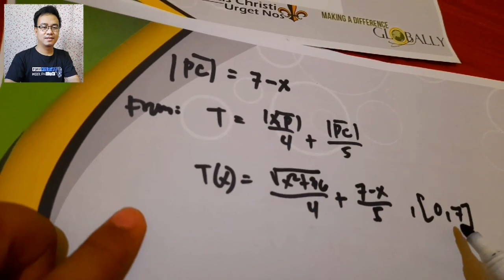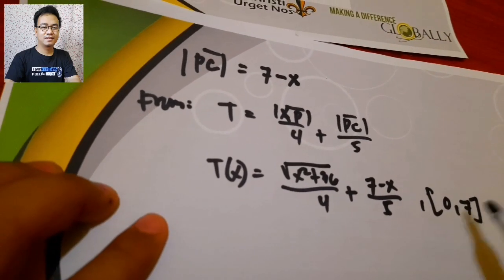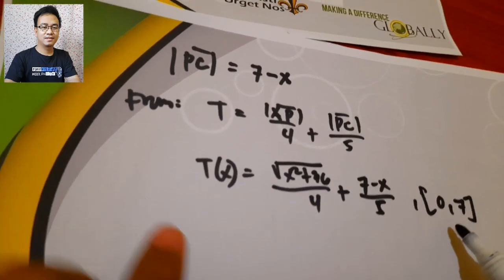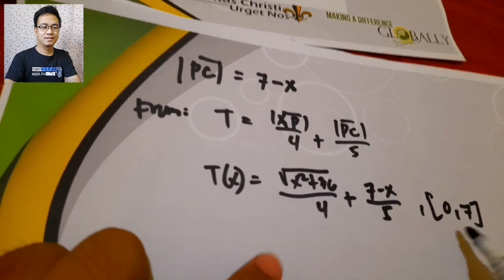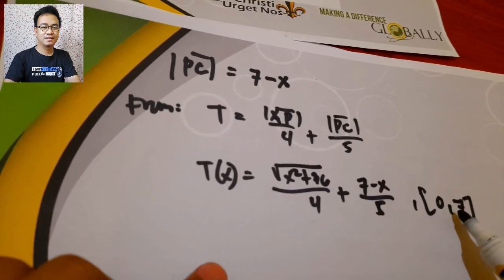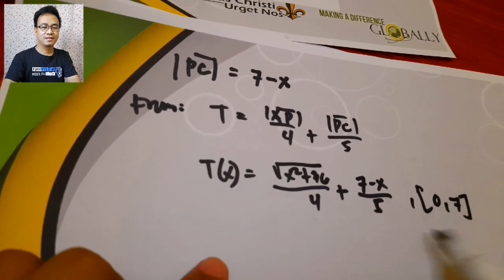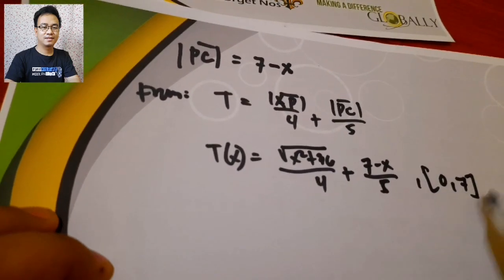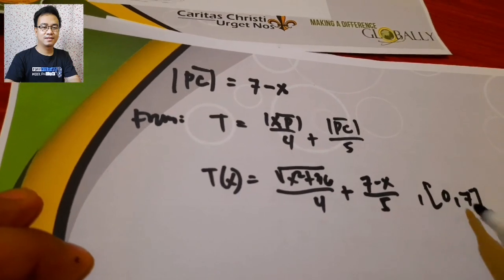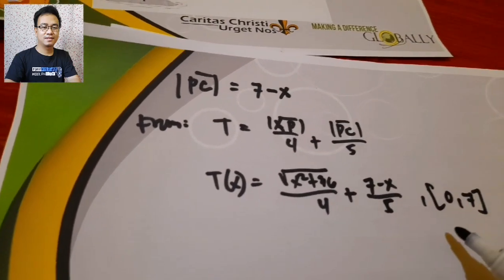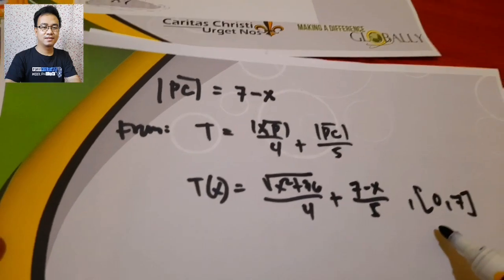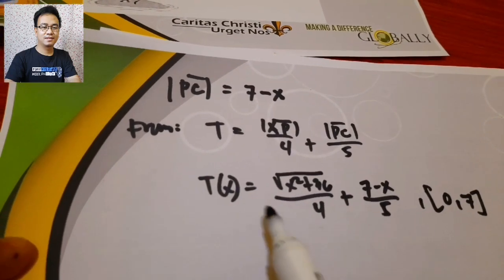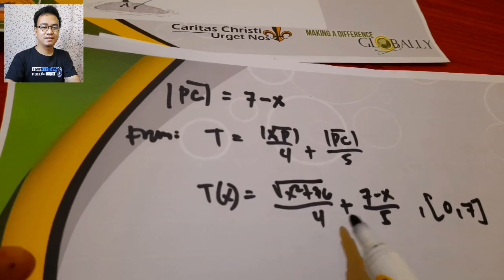We know that from our extreme value theorem, the absolute minimum and absolute maximum exist within this closed interval. Okay? And before we finally get those extrema, we need to find first our critical values. And how do we find the critical values? We need to find first the first derivative of our function.